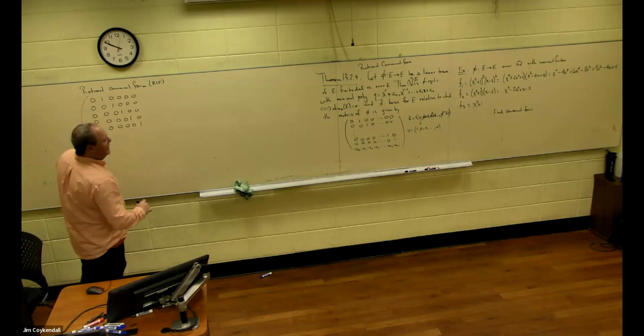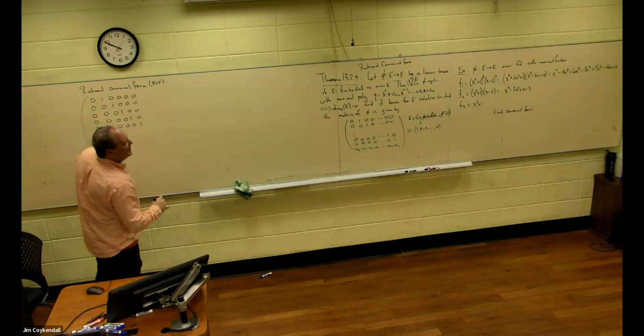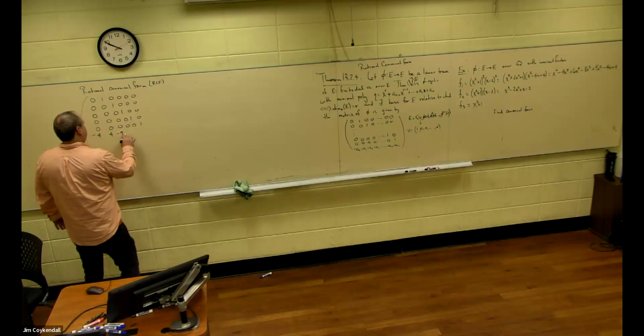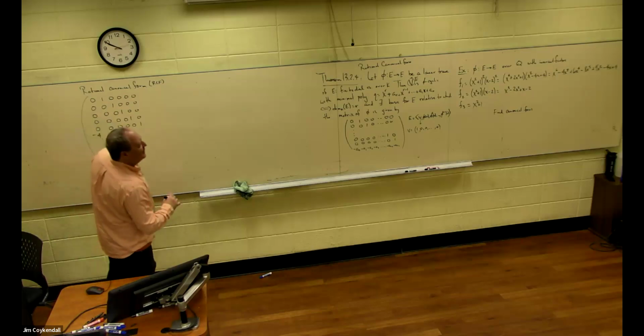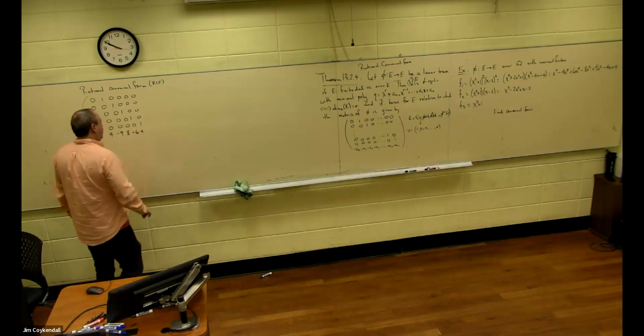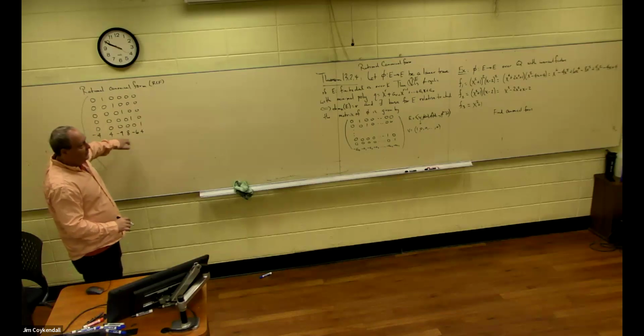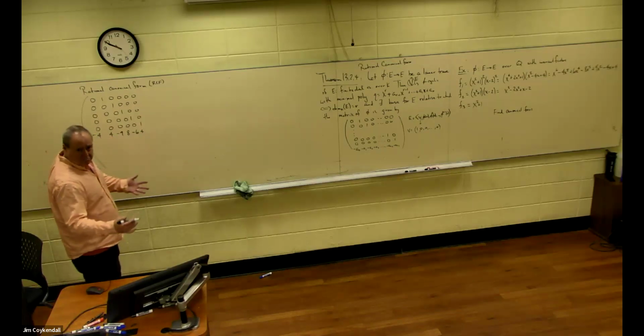And let's see, what do we get? Minus 4, 4, minus 9, 8. Minus 6, 4. There's your first block that corresponds to that first invariant factor. Agree?